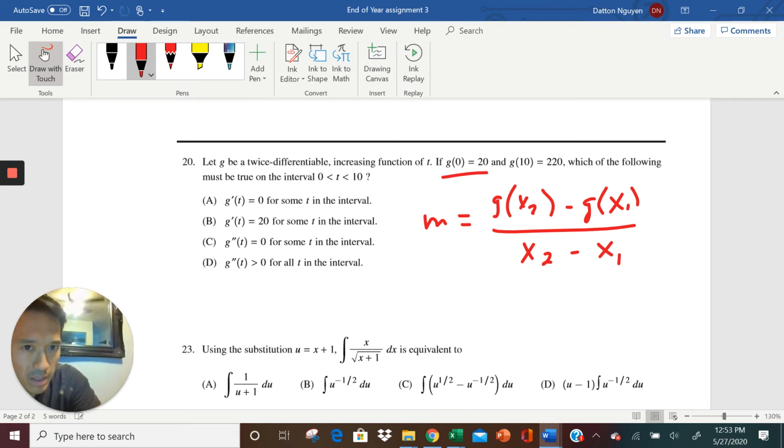Kind of gives you a hint, right? Isn't this what these are? The slope of a twice differentiable function means this is g. The slope of g is actually g prime. So I kind of gave you a hint.